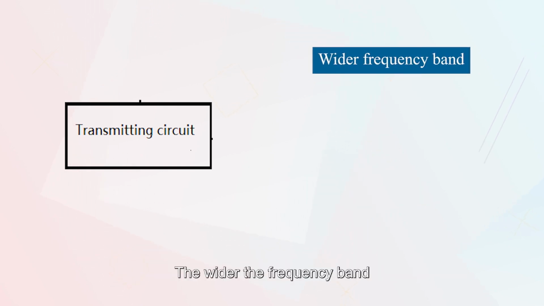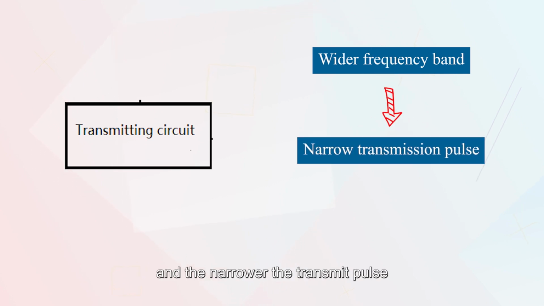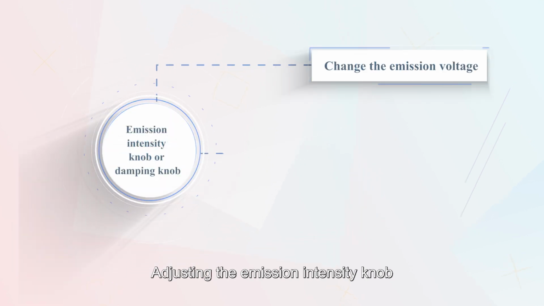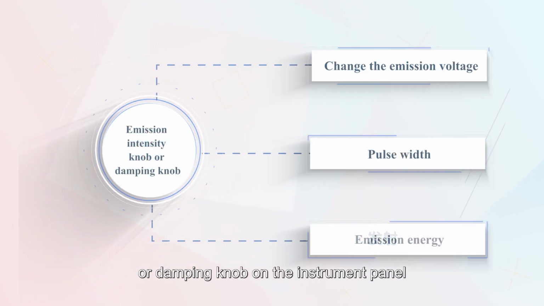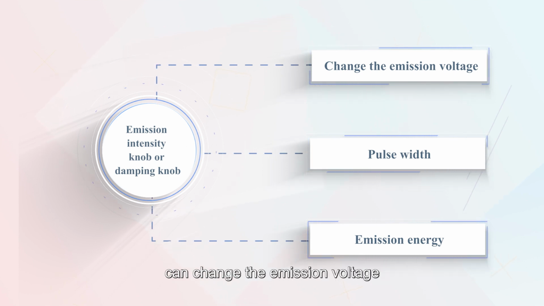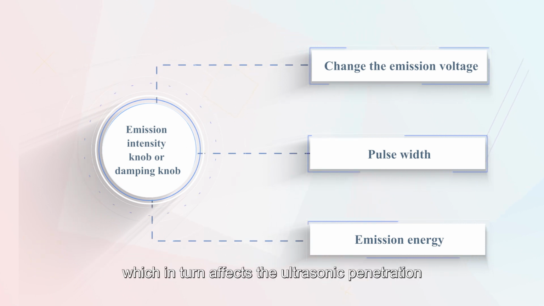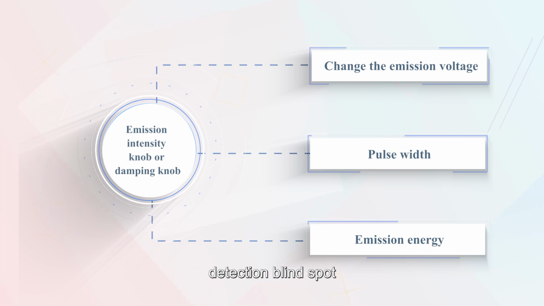The wider the frequency band and the narrower the transmit pulse, the better the resolution will be. Adjusting the emission intensity knob or damping knob on the instrument panel can change the emission voltage, pulse width, and emission energy, which in turn affects the ultrasonic penetration, detection range, blind spot, and resolution.